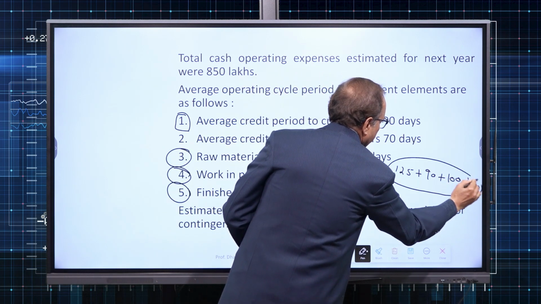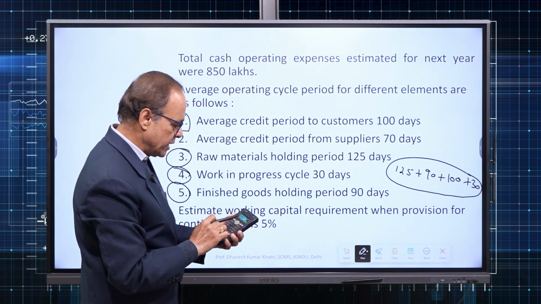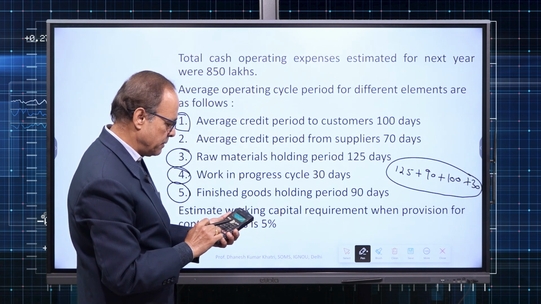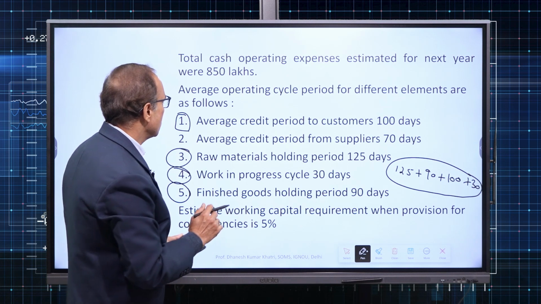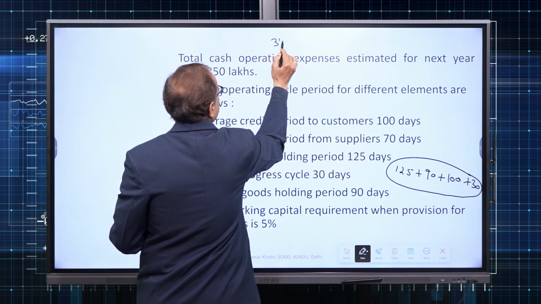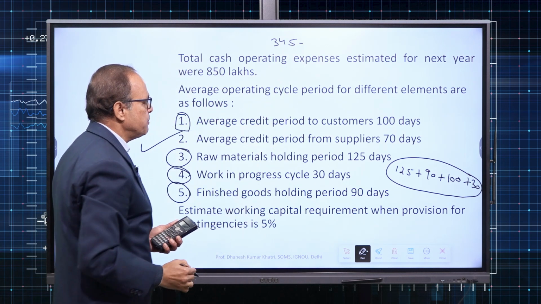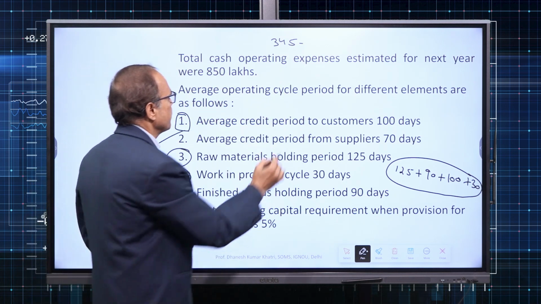So, add up these four, it will become the duration of gross operating cycle, 125 plus 90 plus 100 plus 30. So, gross operating cycle duration is 345, whereas average credit period from suppliers is 70.